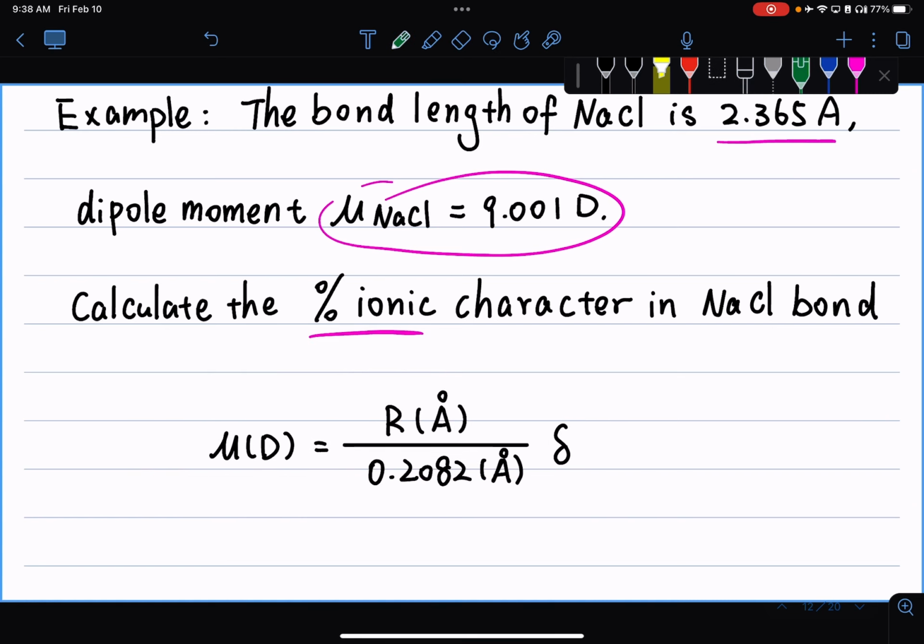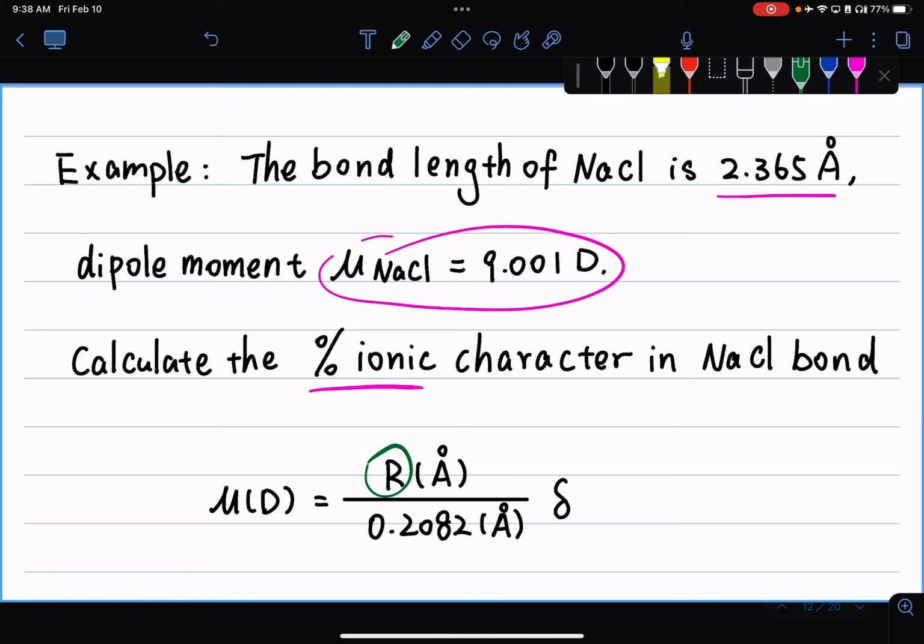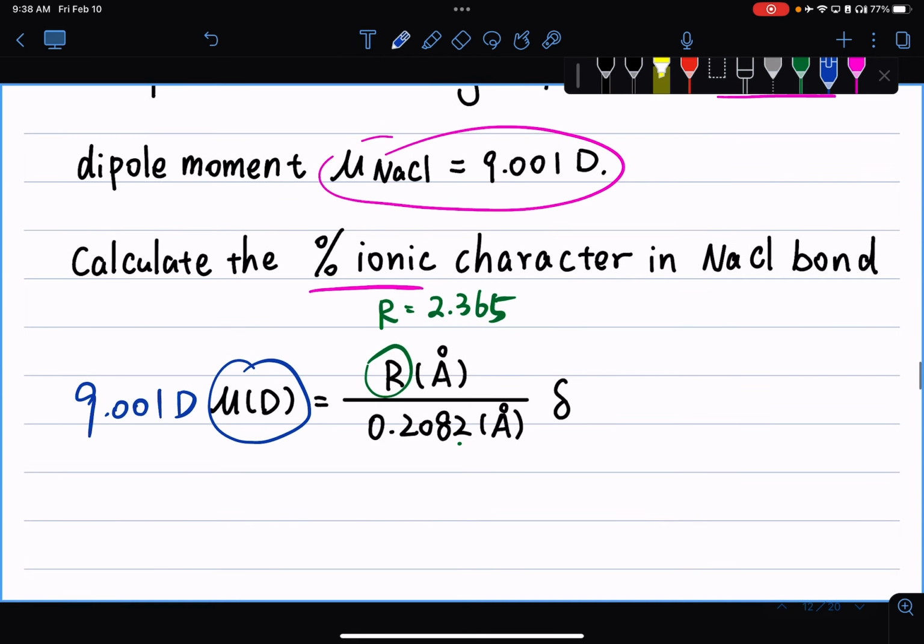So what we're plugging in, this r equals 2.365. On the bottom, that's a constant, and the dipole moment is given as 9.001 Debye. You can do the calculation and solve for the partial charge here, and the partial charge delta equals 0.792.